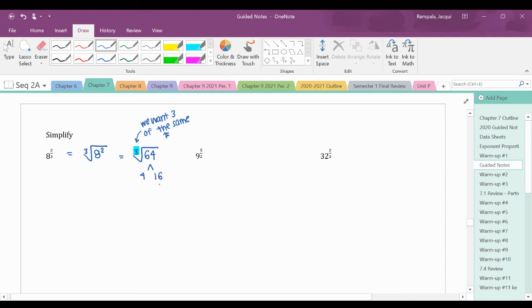Notice that 16 is 4 times 4. So if I want 3 of the same number and I broke the 16 down, notice that there's 1, 2, 3 of the same number. So that means I can technically stop at this point. Because 4 is the number repeated 3 times, 4 is going to be my answer.